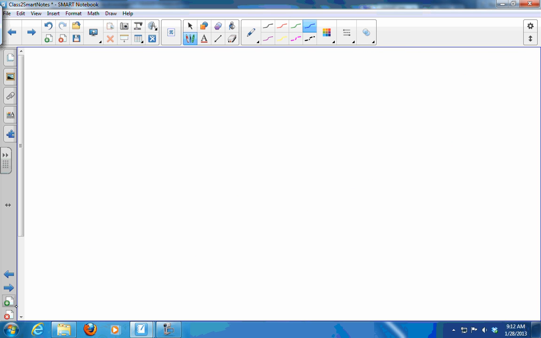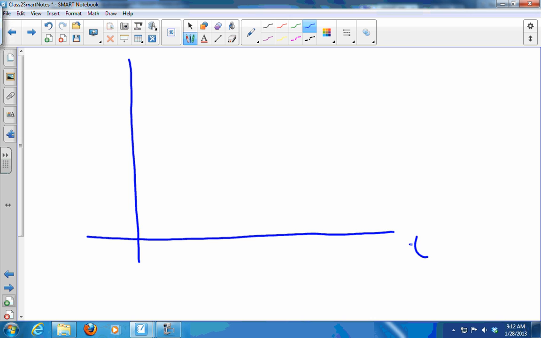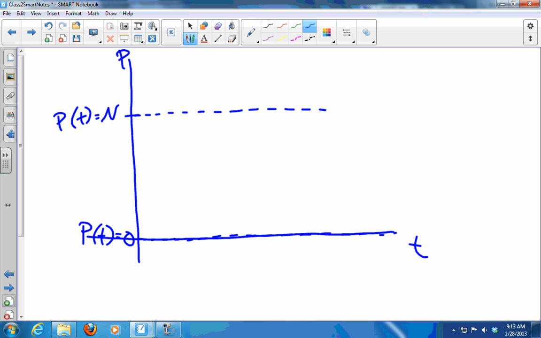I'm going to plot both of them. So here's time, here's population. P of t equals 0 is right here, and here's P of t equals N. If I start somewhere between P of t equals 0 and P of t equals N, I'm just going to grow and approach the carrying capacity.